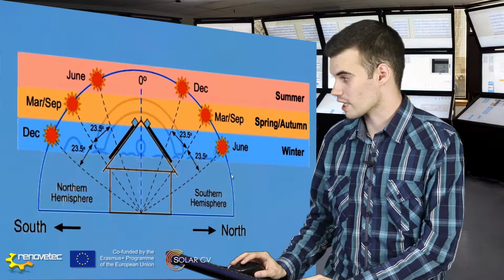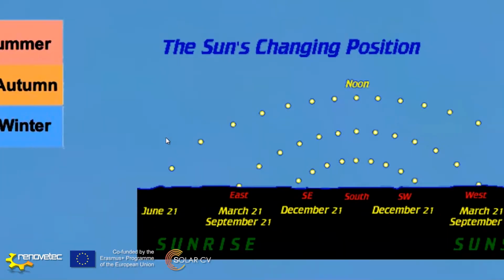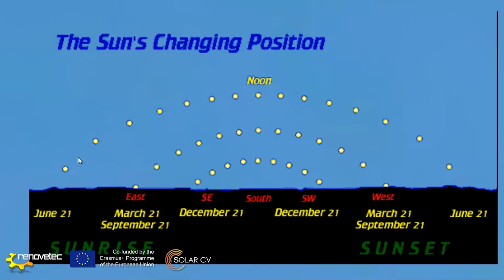Here we can see the same concept, that in the northern hemisphere the incidence angle is higher here in June, so the irradiance is going to be higher, and the number of hours of sun is higher in summer than in winter. We can see that this semicircle is much higher than in December.